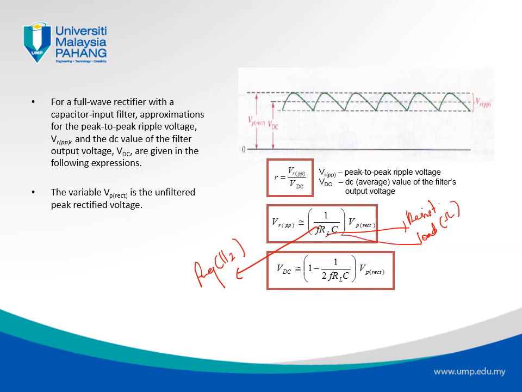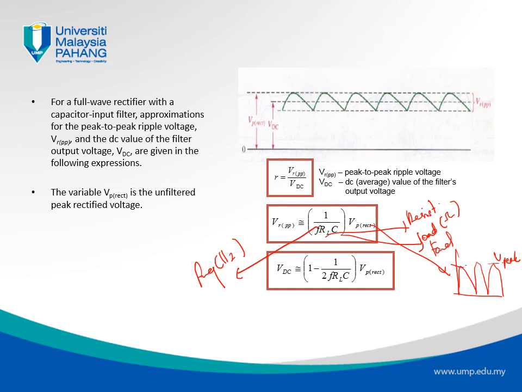And C is the capacitor in farad. And VP rectified is the unfiltered peak rectified voltage. So unfiltered means after rectification we have these signals. This value, this V peak, is what we call VP rectified, right? So this is this value.